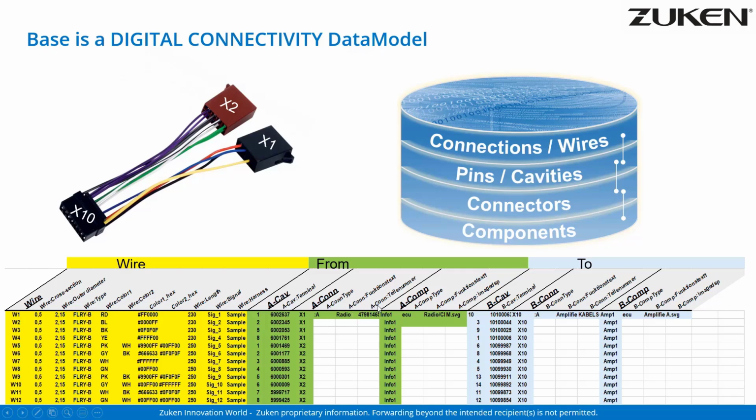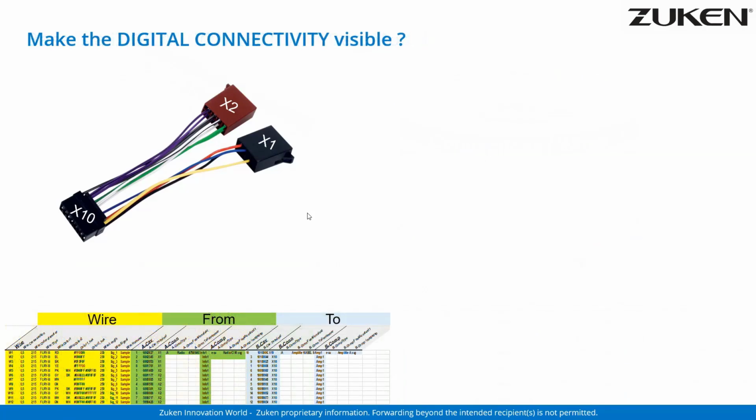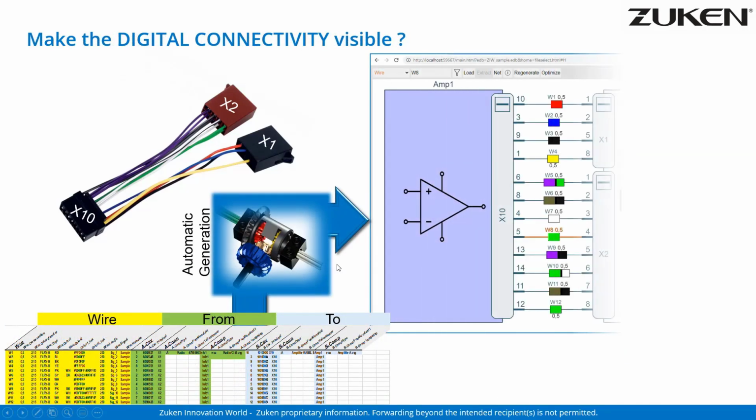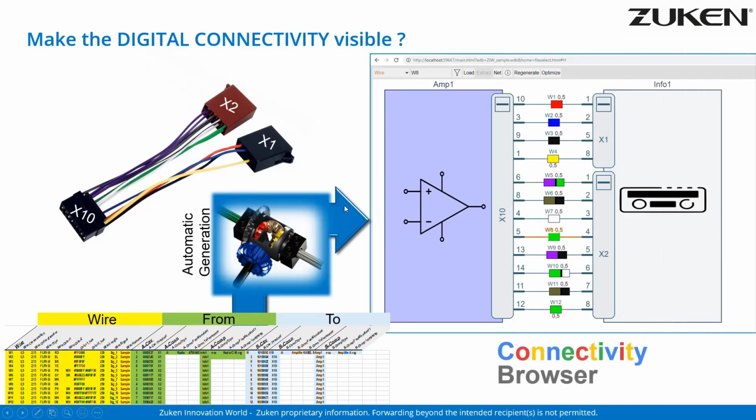For the from and to, we have the levels cavity, connector, and component. So based on this digital data model here in the Excel list, algorithm driven generation of this data now creates this visualization. The visualization here with these 3 connectors and having the components in the background.